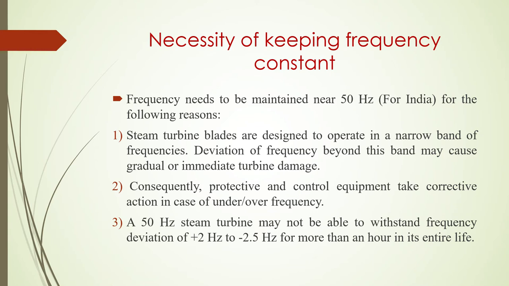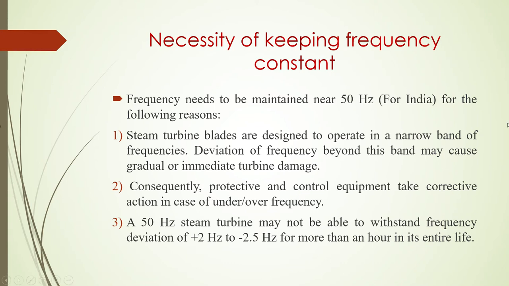First one, steam turbine blades are designed to operate in a narrow band of frequencies. Deviation of this frequency beyond the band may cause gradual or immediate turbine damage. So these turbine blades are designed so that they work within the limit of a certain frequency.